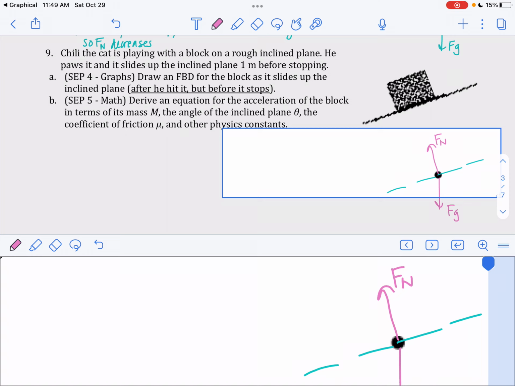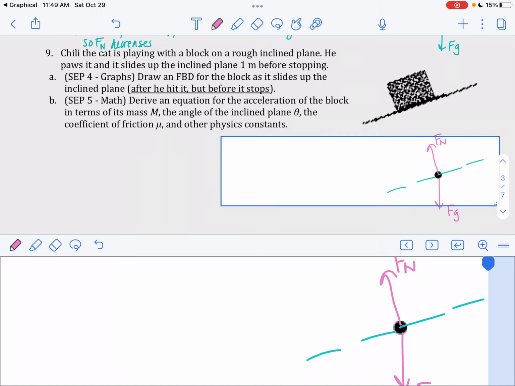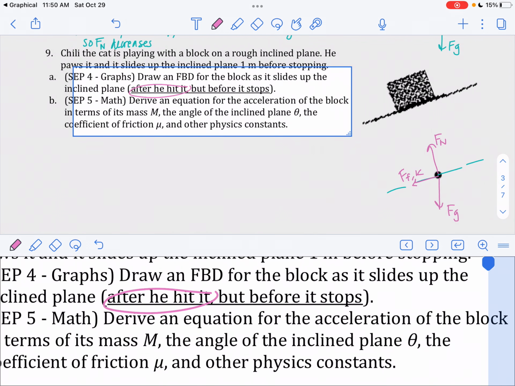Okay, and it's going up the incline, the velocity, so that means the friction needs to go down the incline. Is there an upward push force? No.